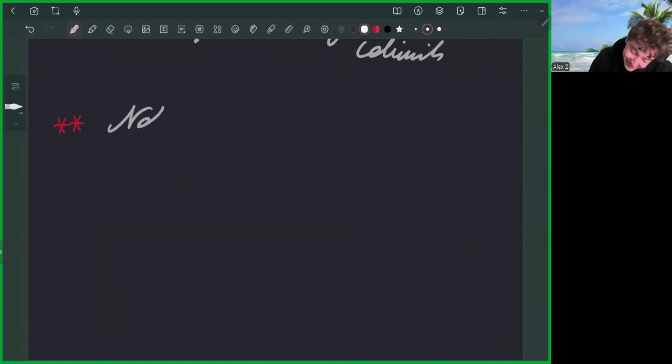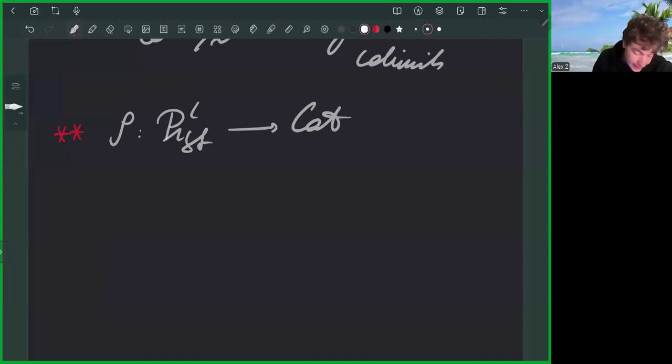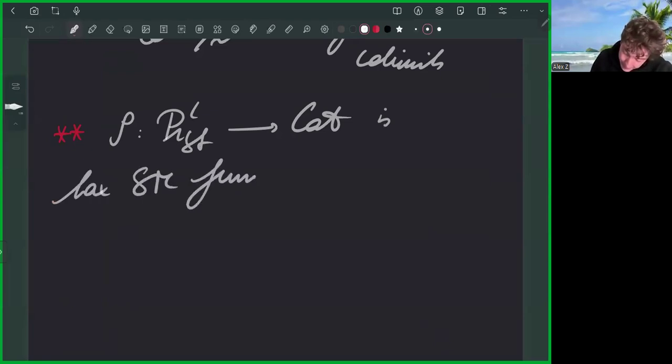So we also have the following thing. We have this functor which we denoted by rho, and it's this functor here. And again, this is a Lax symmetric monoidal functor, just like before.